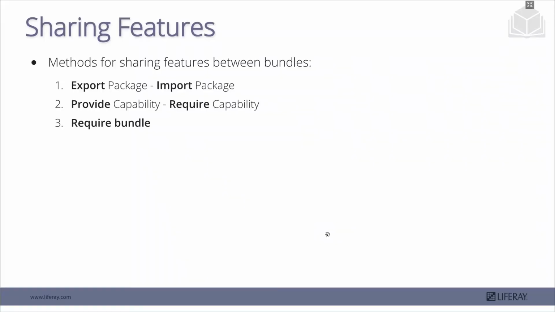The second way is through Provide-Capability or Require-Capability. This too is also in the manifest file. And then finally, the last one is Require-Bundle. So you can say this specific bundle and all of its content is what I require, is what I need. So let's go into more detail.